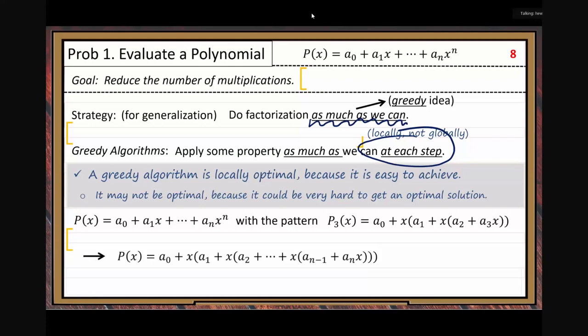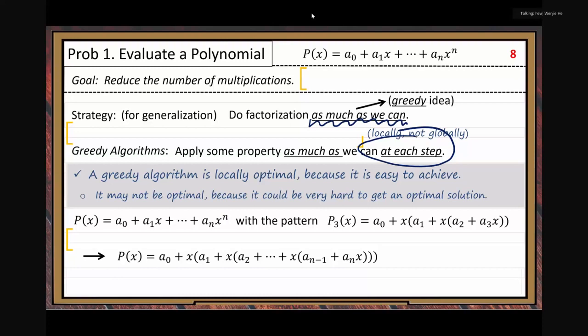You do factorization round by round: first round, second round, third round, and so on, all the way to the last round, until you cannot proceed with further factorization. How about that process? This is how we apply the greedy strategy here. So think about this greedy strategy.